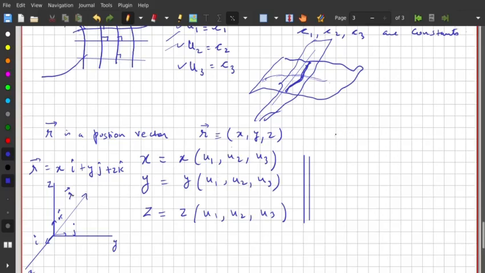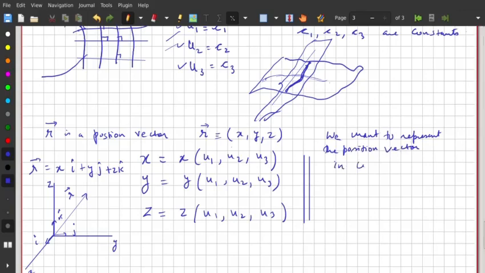So let's say we want to represent the position vector in curvilinear coordinates, in the curvilinear coordinate system.